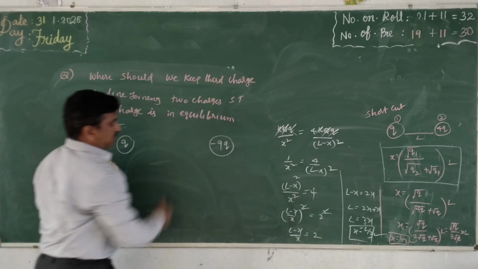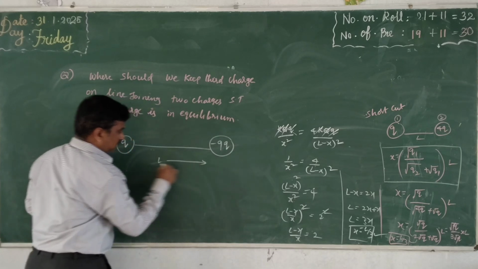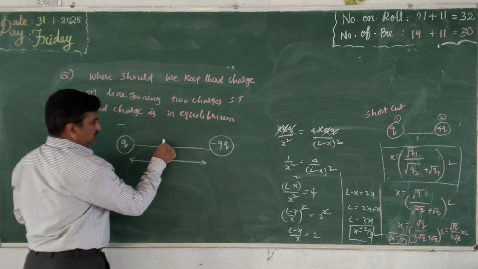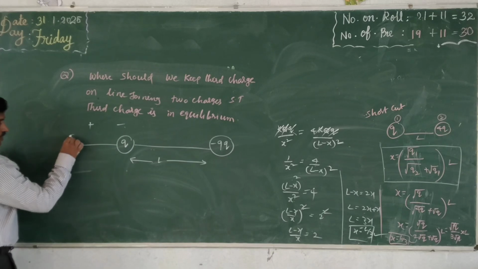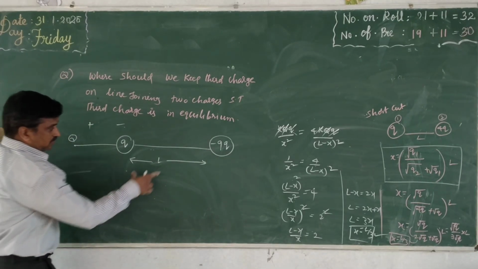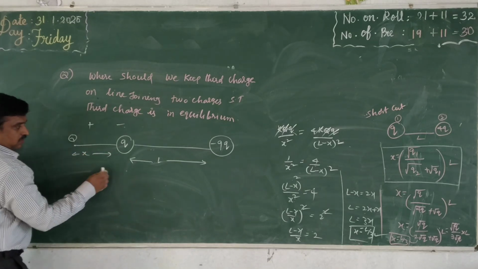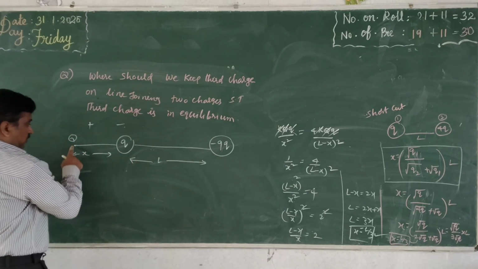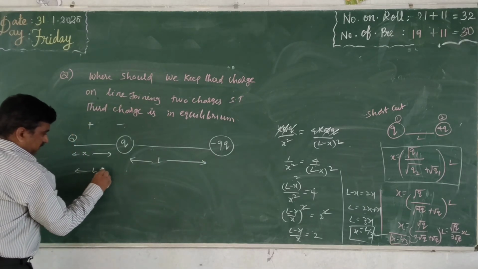The distance between the charges is L. Where can we keep the third charge? Outside, near the smaller charge, at this point. This distance is L. From the smaller charge Q2 to this point is x distance. The distance between capital Q and 9Q is L plus x.